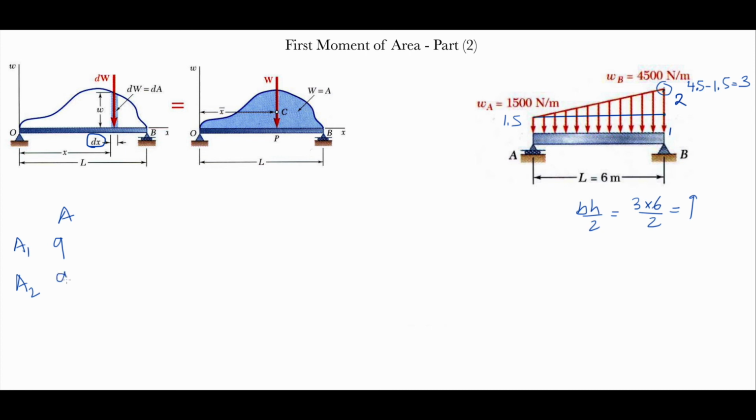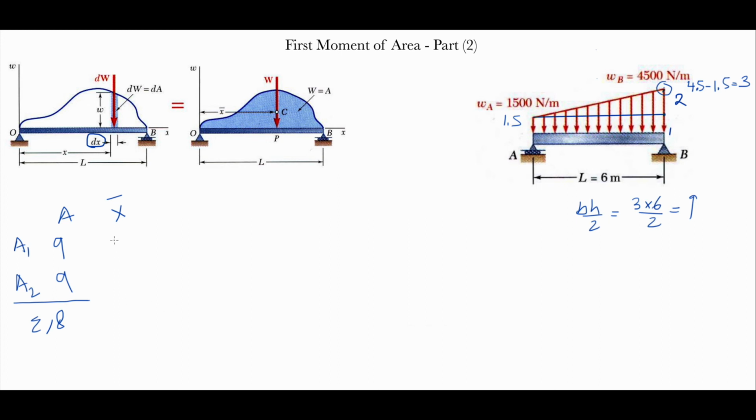So area 1 and area 2 are equal to 9. Summation of area will be 18. It's important. So the equivalent load, guys, is 18. So we have now 18 kilonewton equivalent to these two loads, but we don't know where it is exactly. So we need to find the centroid.